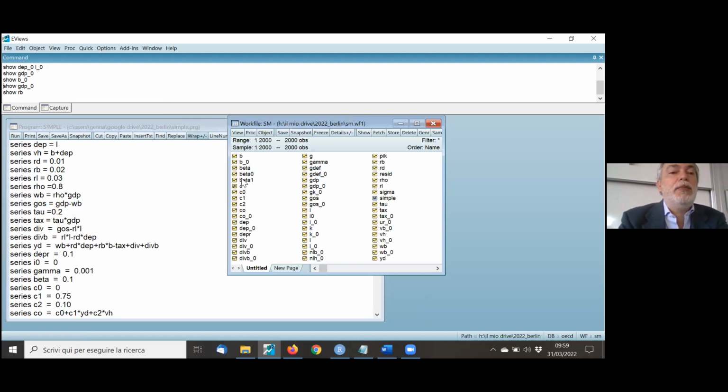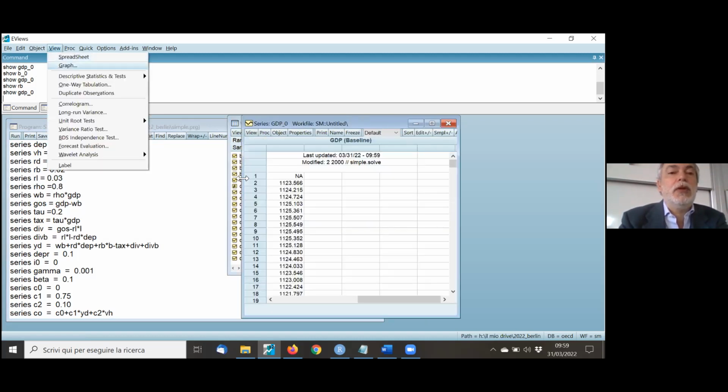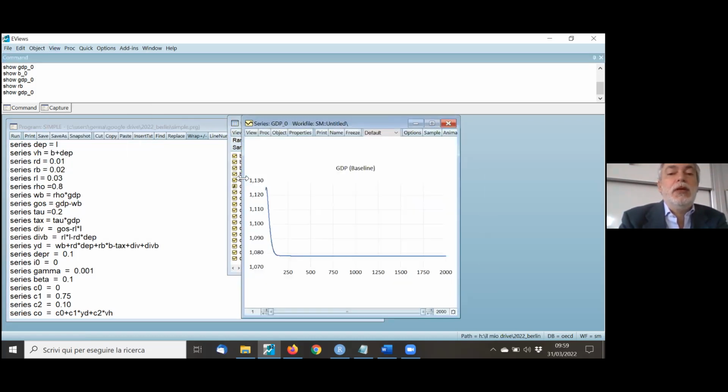So let's see what happens now. But basically, the outcome is the same, it's just a matter of a slightly different level of GDP in equilibrium.